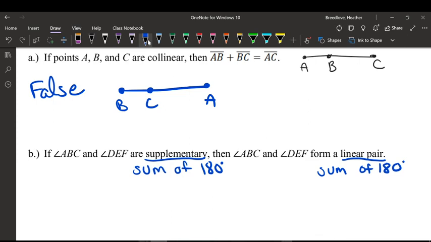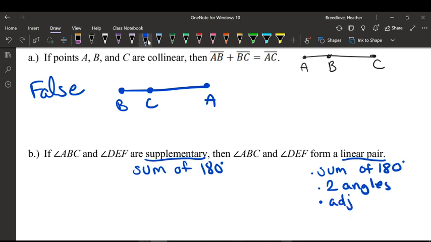But is every set of supplementary angles a linear pair? No. Because a linear pair, it does have a sum of 180, but it also must be a pair of angles, so 2 angles. And those 2 angles must be adjacent.